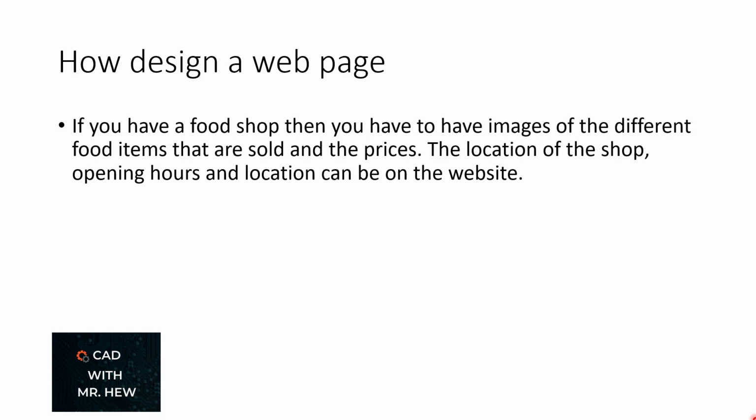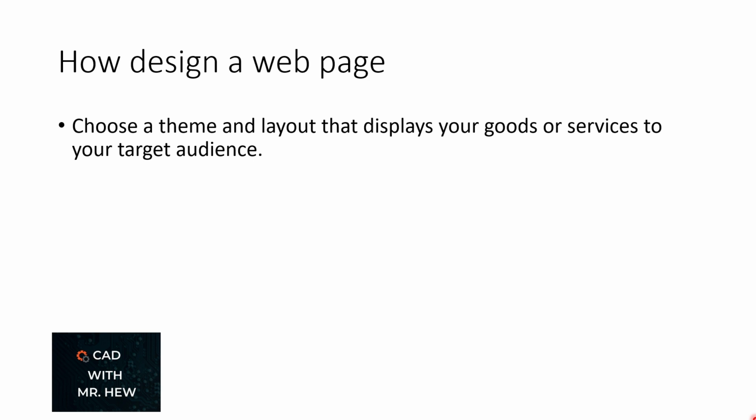If you have a food shop, you have to have images of the different food items that are sold and the prices. The location of the shop and the opening hours need to be on the website. Choose a theme and layout that displays your products or goods to your target audience.